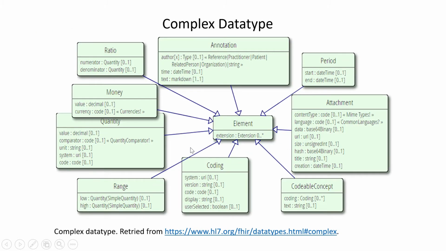On the other hand, the second data type is called complex data types. So it normally has a lot of terms in there, such as period. You have start and end, and attachment. You have content type, language, data, URL. So basically, every complex data type, you have several terms in there. So that's the difference between the primitive data type and complex data type.